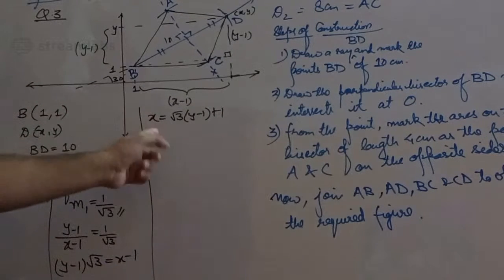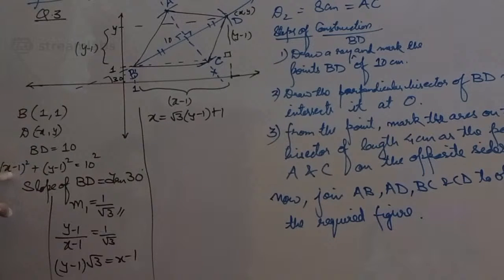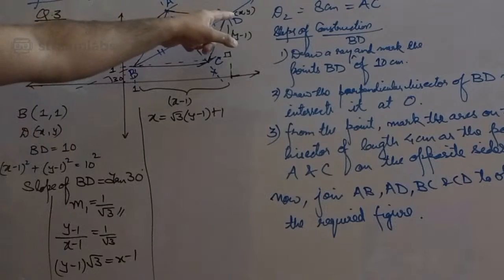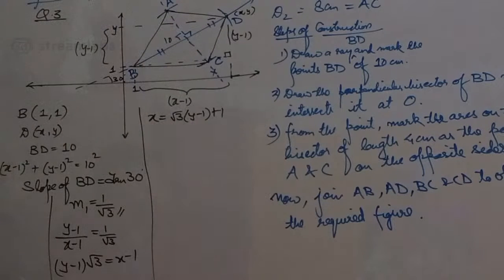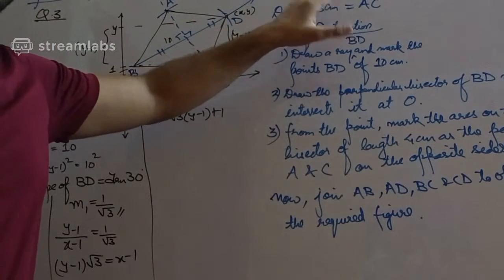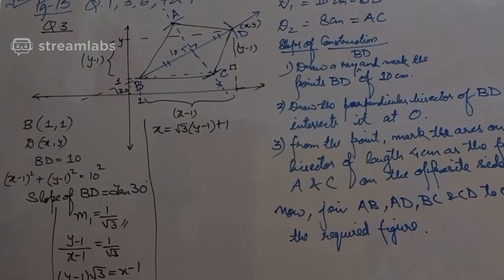Because now I have got the value of x, so this I will substitute in this equation. Then I will solve it. It will become a quadratic equation, which is a big one. Then we have to solve it, get the value of y, and then get the value of x. Once we obtain this, then we'll try to obtain the points A and C as well. So it is going to be quite lengthy. So just use the same bifurcation, same lengths and everything, and just use it in GeoGebra. You will easily get the vertices.